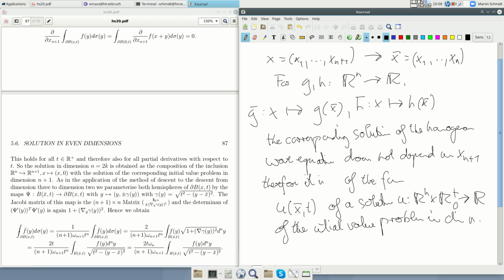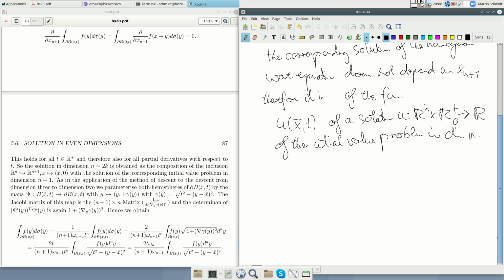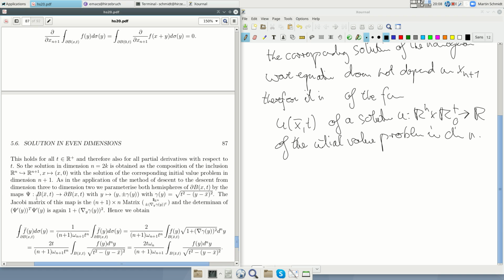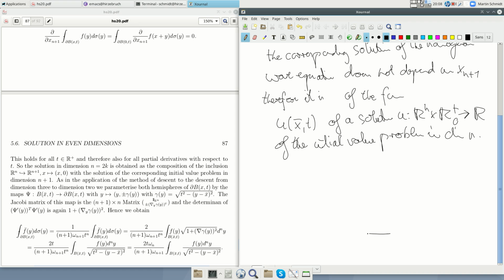Now we want to calculate this function, and we use again the same idea as we did for dimension 2. We use this parametrization. So the idea is rather clear. We have here the dimension n, and this is x_{n+1}.